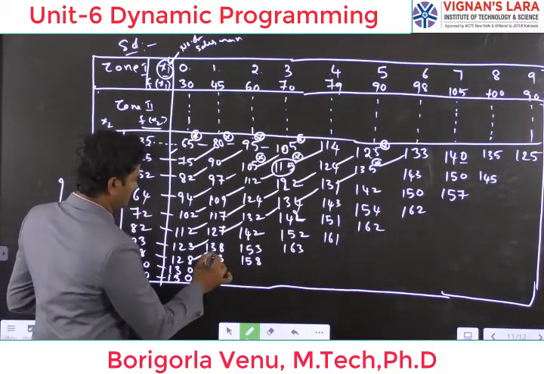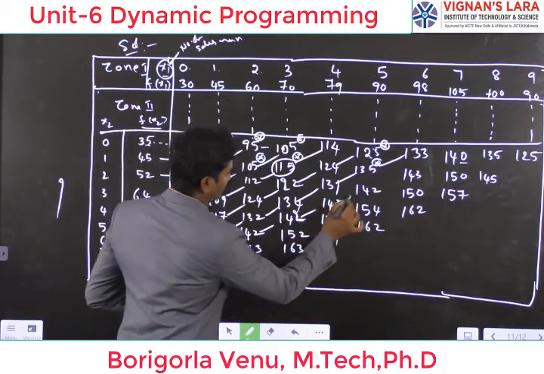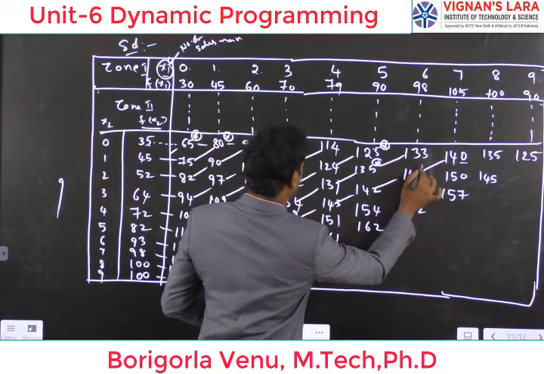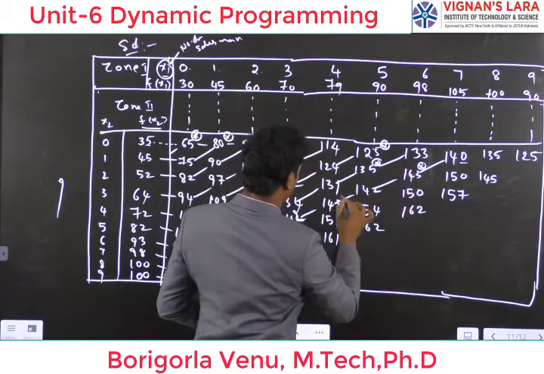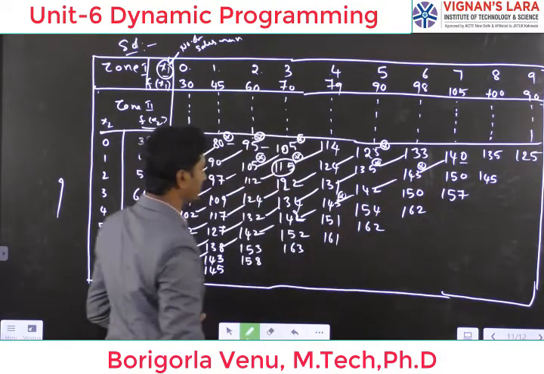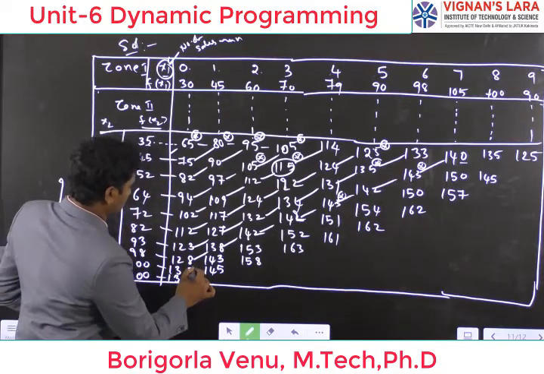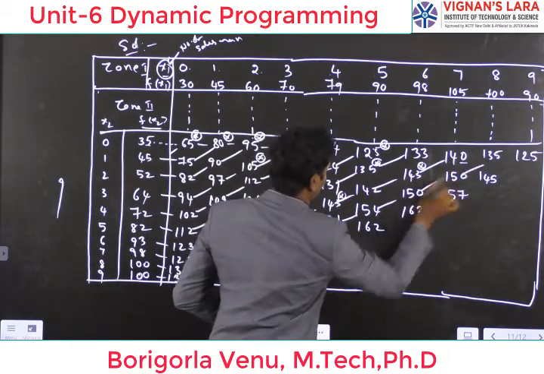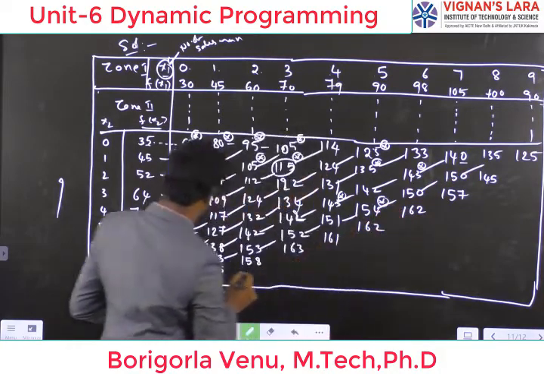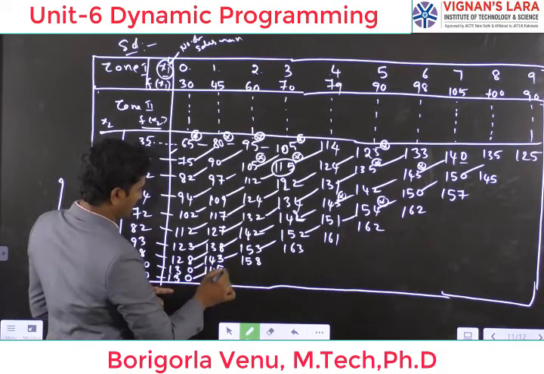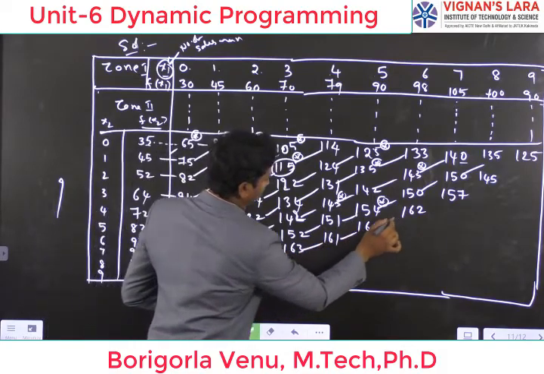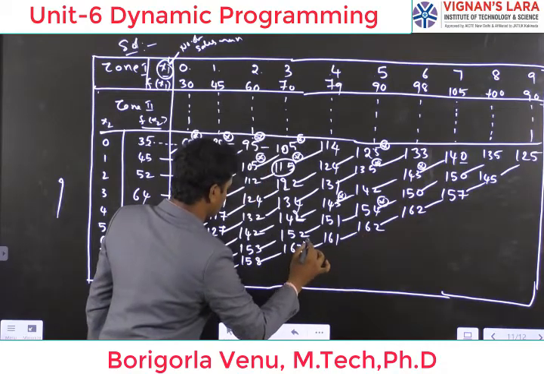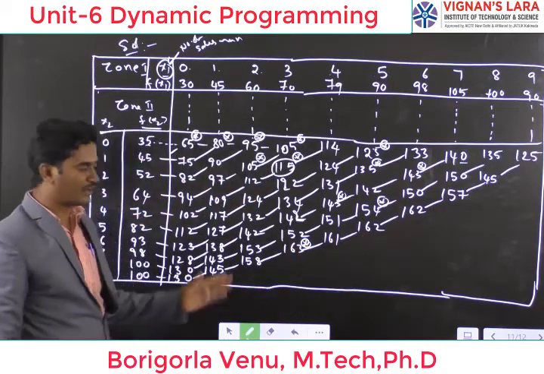From this, 143 is the maximum, so here also we have 143. Two 143s are there. Next, 154 is the maximum. Next, 163 is the maximum. These are the roads we have identified.